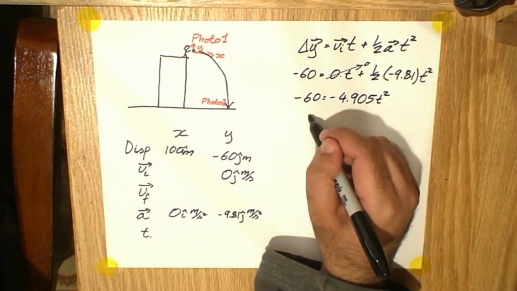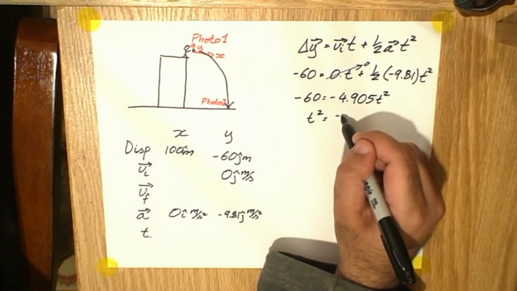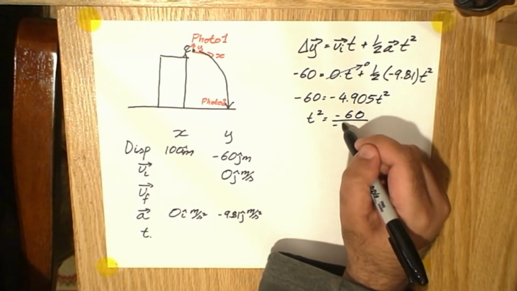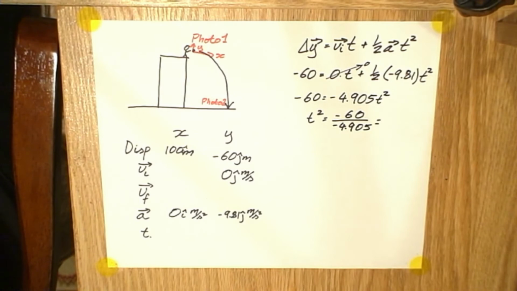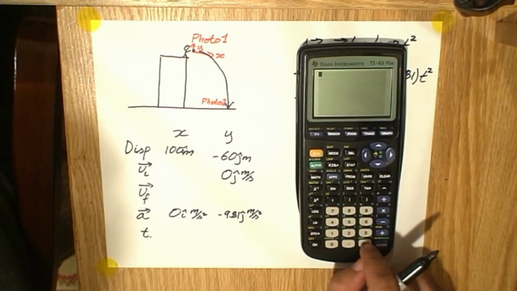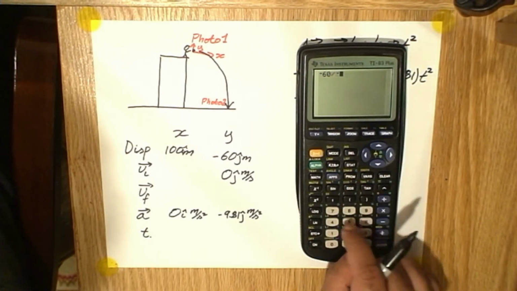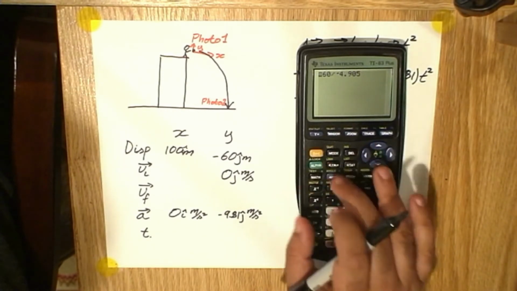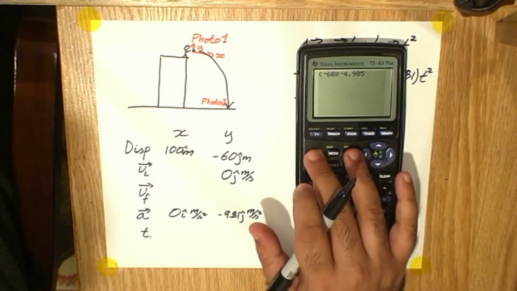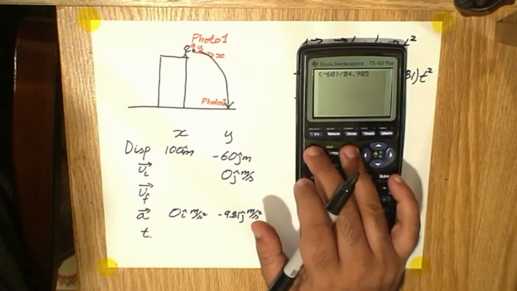So simplifying, we get t squared is equal to negative 60 divided by negative 4.905, which is equal to... on your calculator it might be a bit different. I'm going to put parentheses just to be on the safe side.